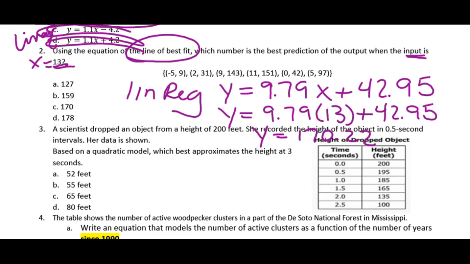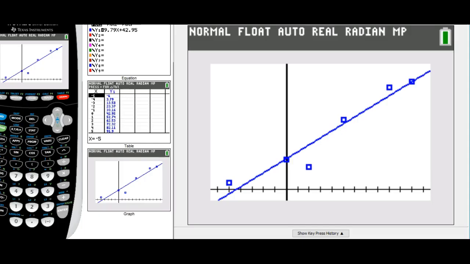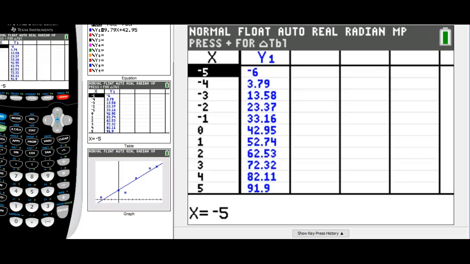What's our answer choice here? C. Now there is another way to do this, aside from how we just did it in our calculator. When we graph that, we made a table. So you could do second graph and take a look at the table, which is being slow to come up. There we go. And I can arrow down to where I see that x is 13.